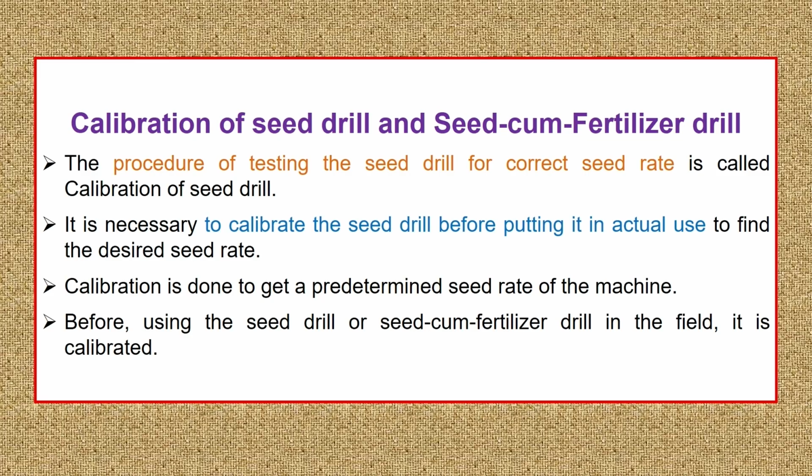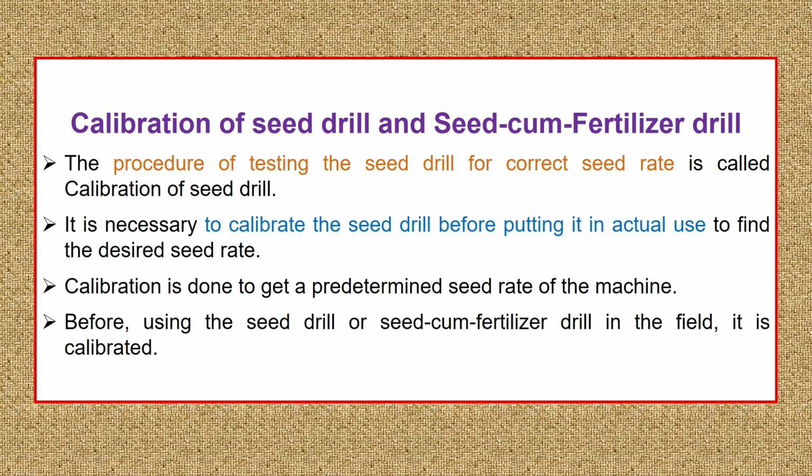If we take wheat crop as an example, the recommended seed rate for it is around 50 to 20 kg per hectare. So seed rate will always be the amount of seed which may be sown per unit area to optimize the production. So calibration is the procedure where testing is conducted for a seed drill in order to check its correct seed rate.